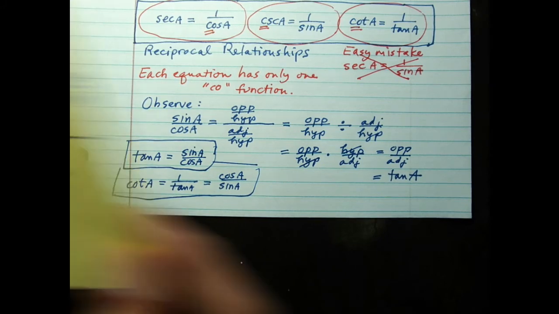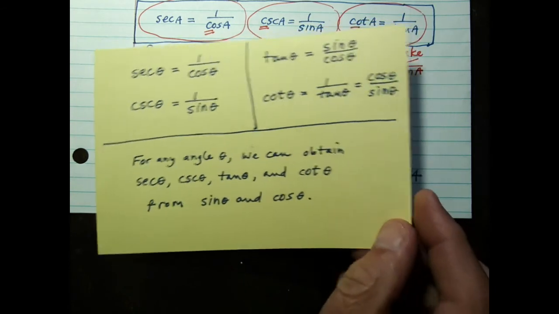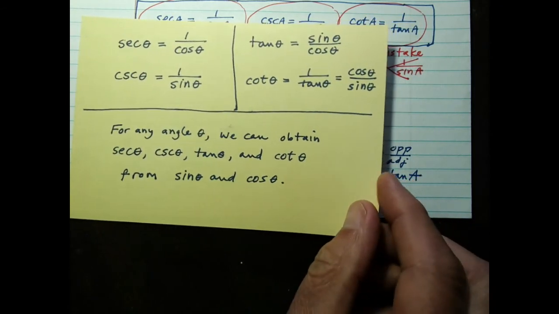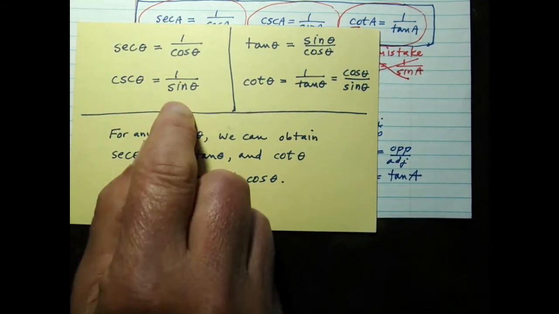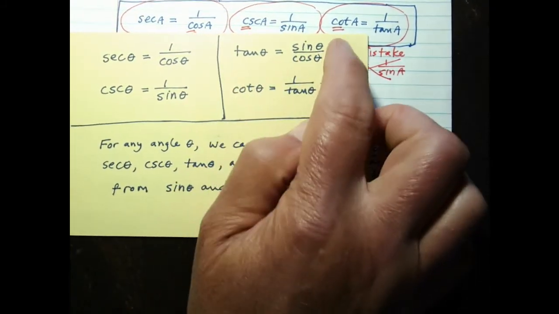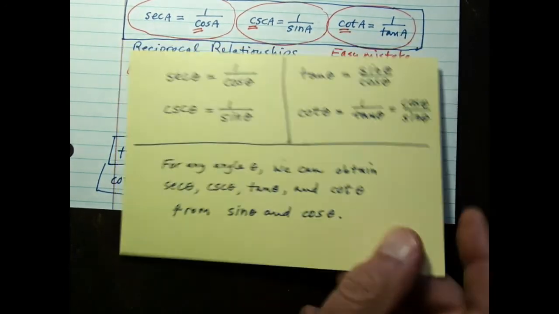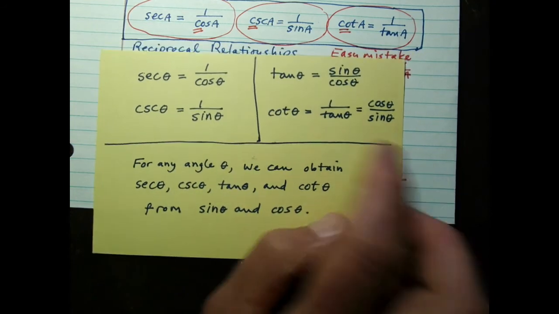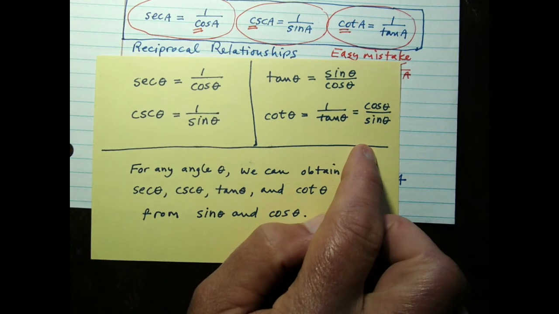So I have another yellow card here with really important information. This is our third yellow card, number 3, where you definitely want to have memorized that secant is 1 over cosine, cosecant is 1 over sine. Tangent can always be thought of as sine over cosine. Now we still have SOHCAHTOA, we're not throwing that away, but sometimes it's useful to think of tangent as sine over cosine. And for that matter, cotangent, which is the reciprocal of tangent, is cosine over sine.